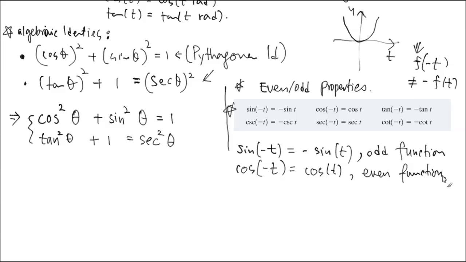When you accurately prove the function is even or odd, you have to establish this fact a little bit more carefully, not just looking at the graph of sine t and the graph of cosine t. So I'm going to explain a little bit here using the circle. It is defined on the circle, so to establish fundamental facts like this, you have to go back to the circle and rely on the geometry a little bit. All right?